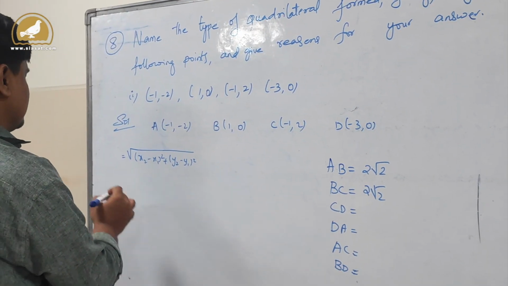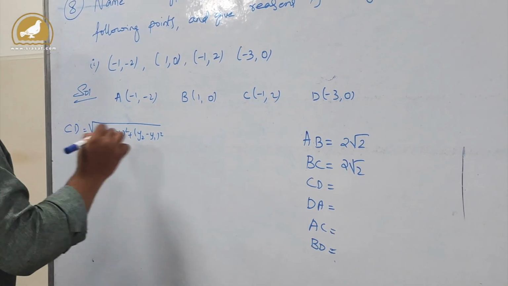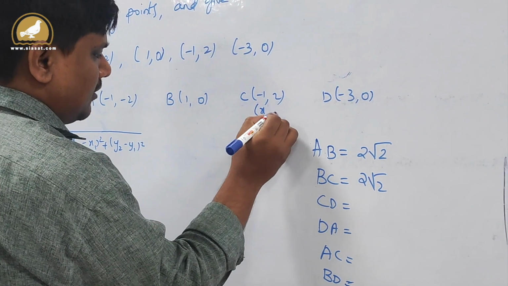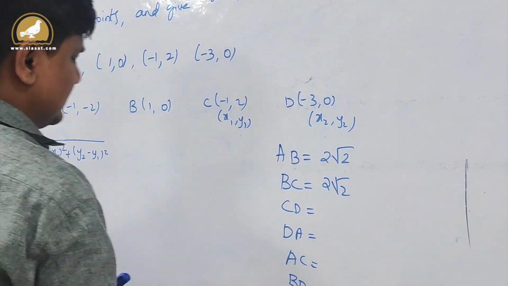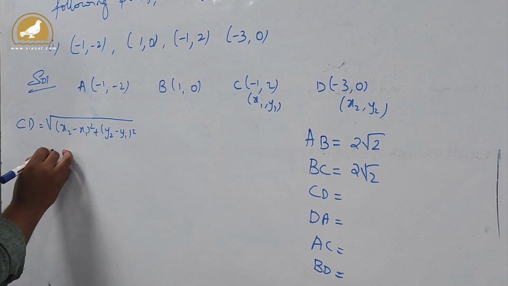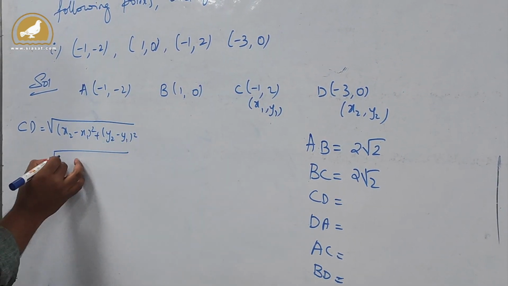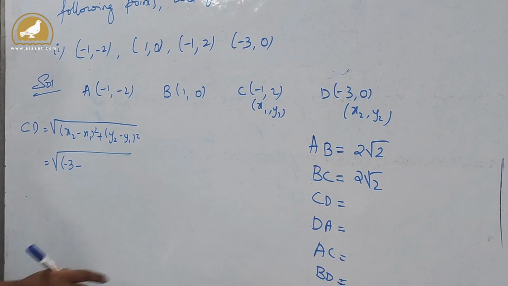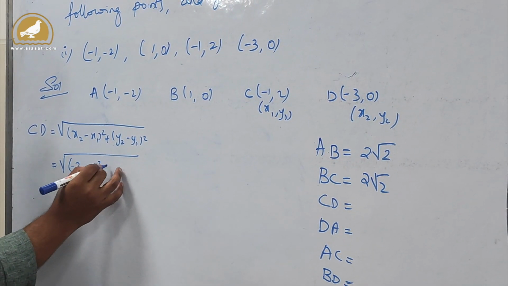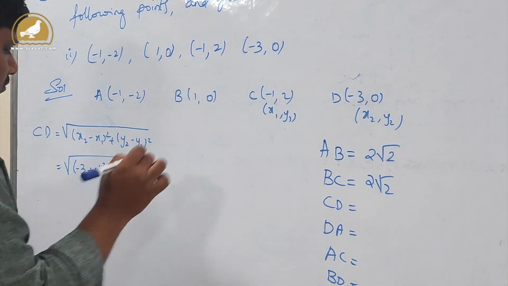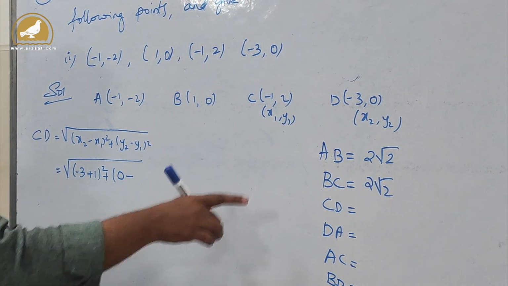Next we'll calculate the distance of C and D. C will become x1, y1 and D will become x2, y2. If we substitute these values here, x2 is -3 and x1 is -1, so minus of minus plus 1. y2 is 0, minus y1 is 2.